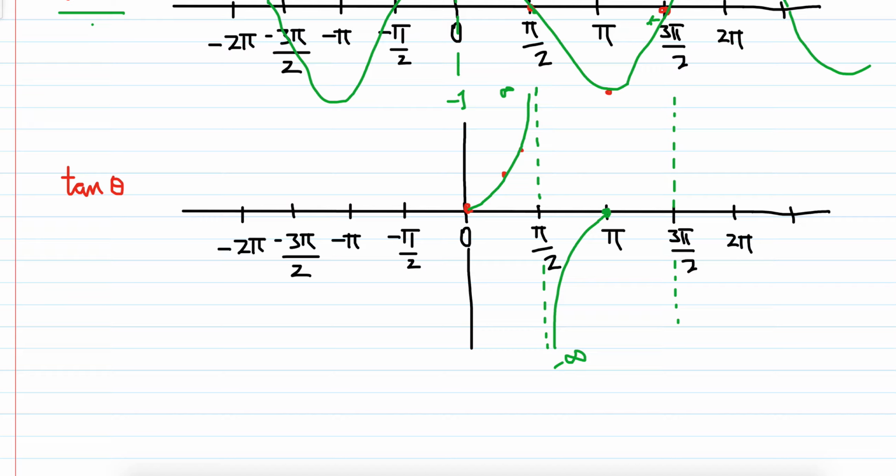And now we will draw the graph for tan theta. While defining tan theta, we had given this condition that for all the odd multiples of pi by 2, it will be infinite.